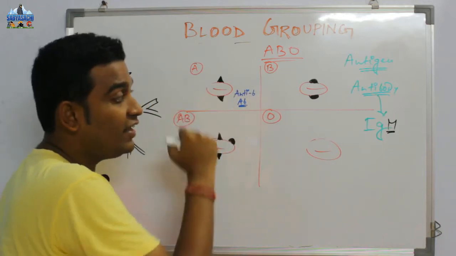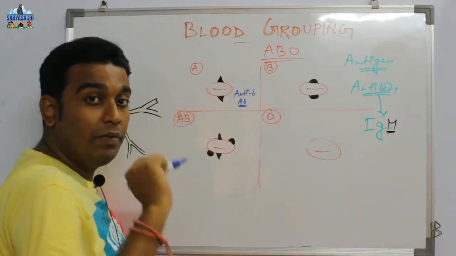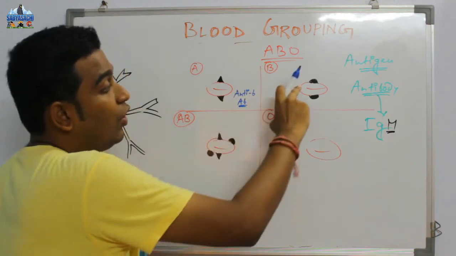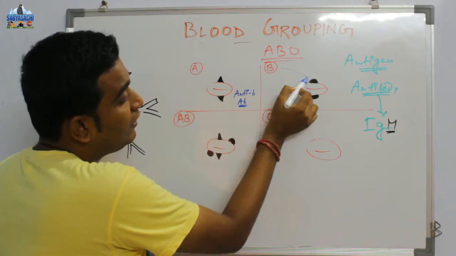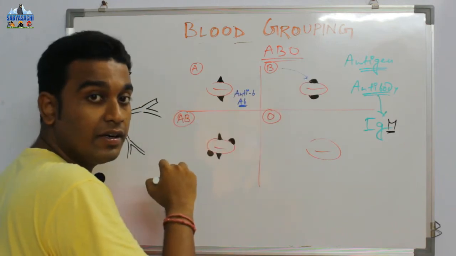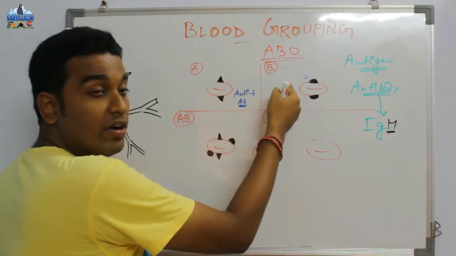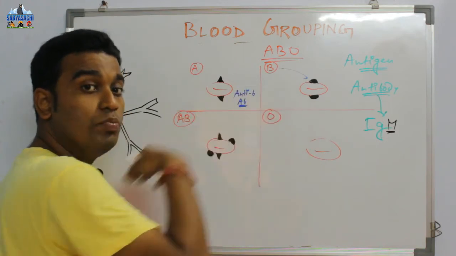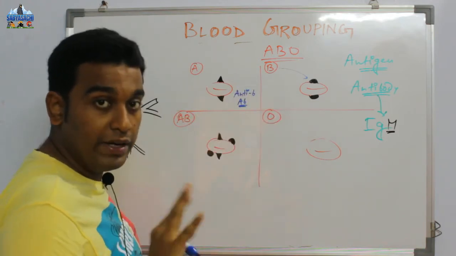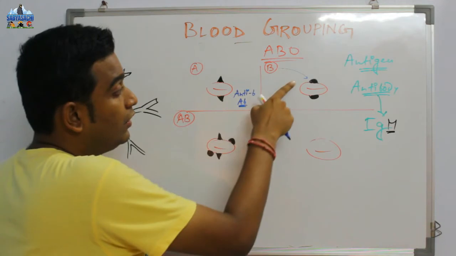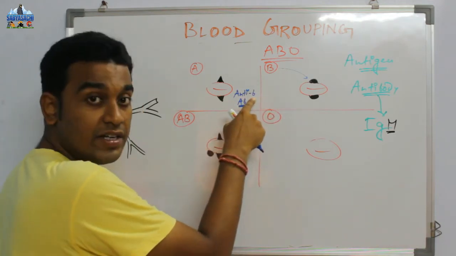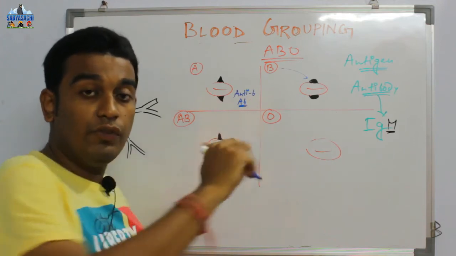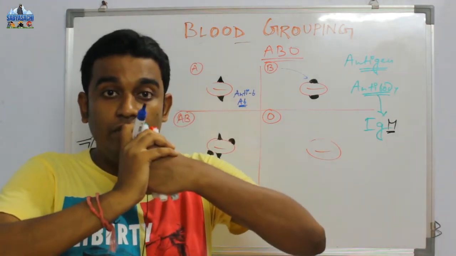Why? Just see here. Suppose you are having B blood group. That means on the surface of your red blood cells you will have B antigen, right? So the moment you are transfusing your blood to me, let's take an example, to me. So what will happen? I have an antibody against your antigen. So they will get joined with each other.